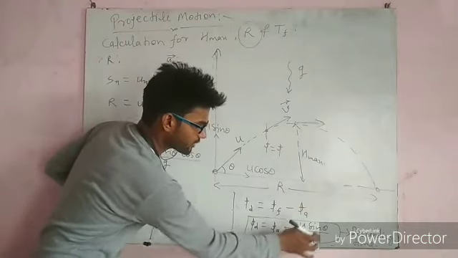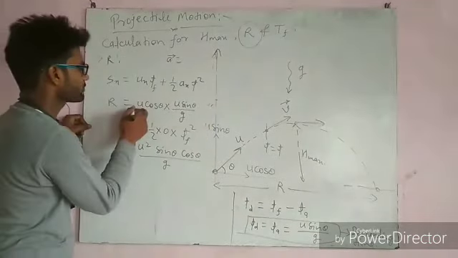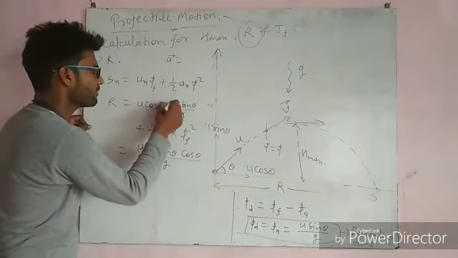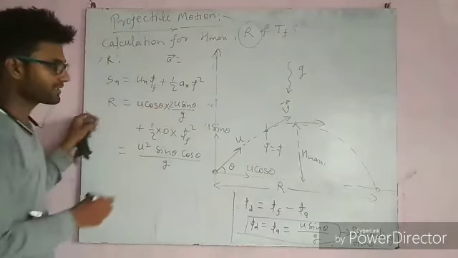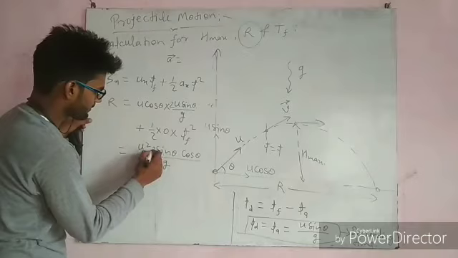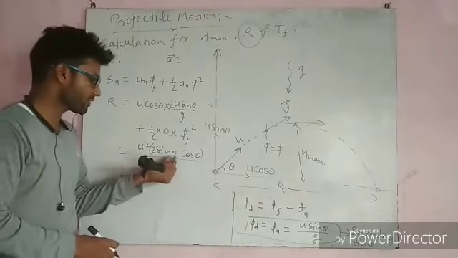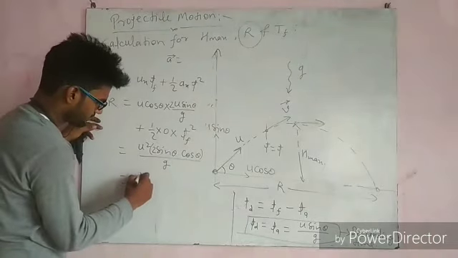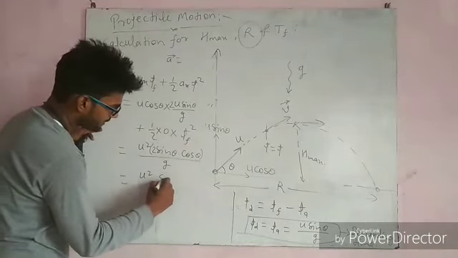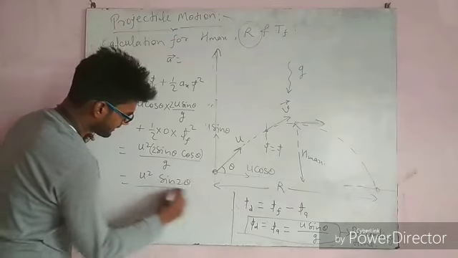The time of flight is 2u sin theta divided by g, so we get 2 sin theta into cos theta, and this is a trigonometric relation: you can write it as sin 2 theta. So R equal to u square sin 2 theta divided by g.